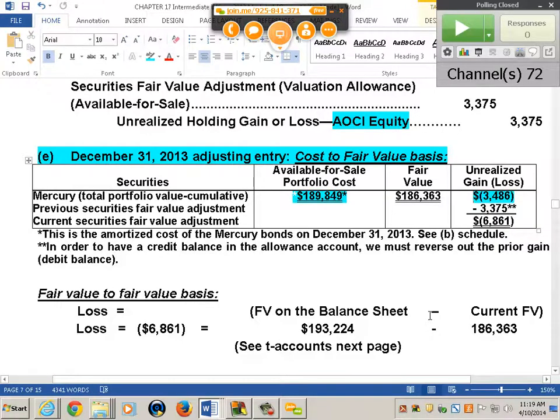So this is your desired balance. Now, you can do this in one of two ways, and it's got to be a credit balance. You have to write the security down. So here's what you need. Hopefully everyone can see this. What you need to do is you have to have a balance in here. And you can always do it this way if you want. 3486.